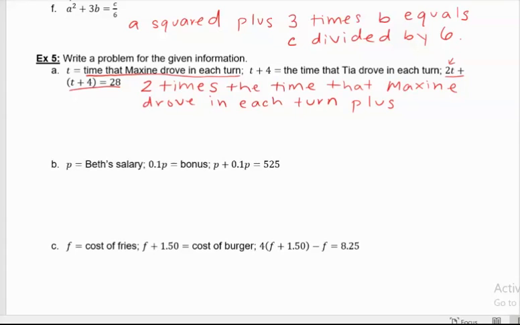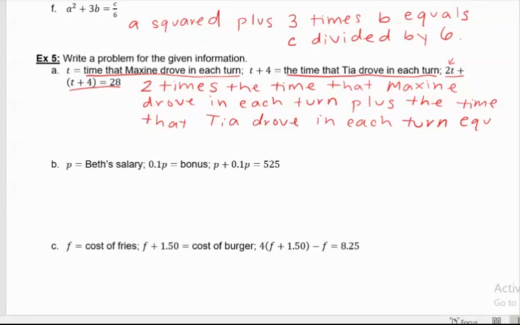Now this t plus 4, I know what that also equals, is the time that Tia drove in each turn. So I'm going to use that instead of writing t plus 4. So plus the time that Tia drove in each turn. And then I have equals 28. And that's it.